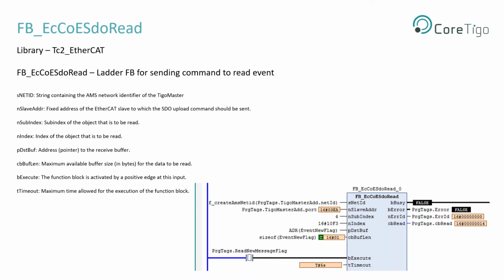In general, the inputs of this block are the network ID of the EtherCAT device, which is our TigoMaster in this case, the port number, which is the EtherCAT address of the TigoMaster, index and subindex of the events addressing, address of the buffer, which is to receive the data, length in bytes of the data to be read, execute for triggering the command, and a timeout.